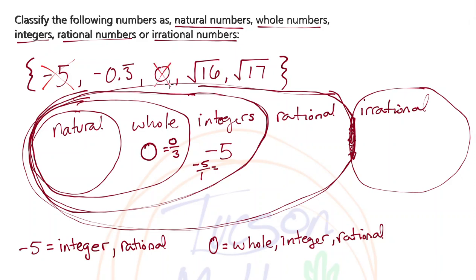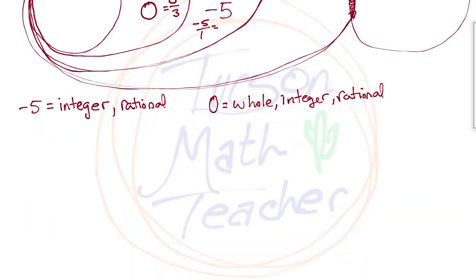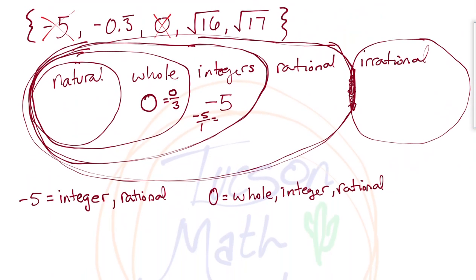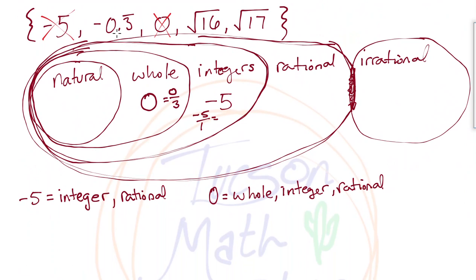What about that decimal there? That decimal's going to freak us out, and this one is definitely freaky because it is the, oops, lost my spot here, that negative 0.3 repeating. We have to know a little bit about repeating decimals here.